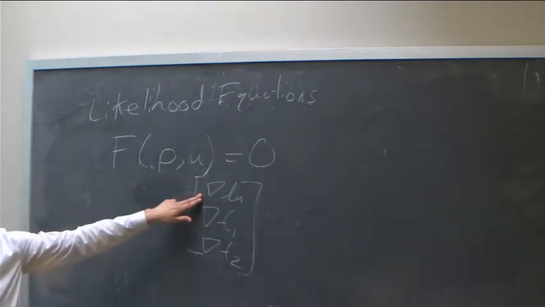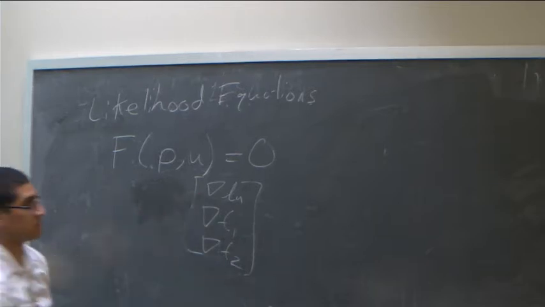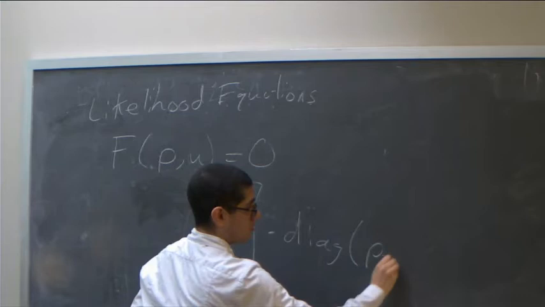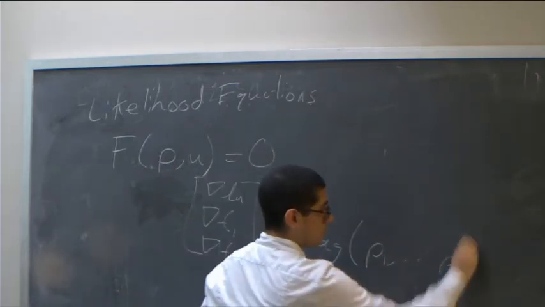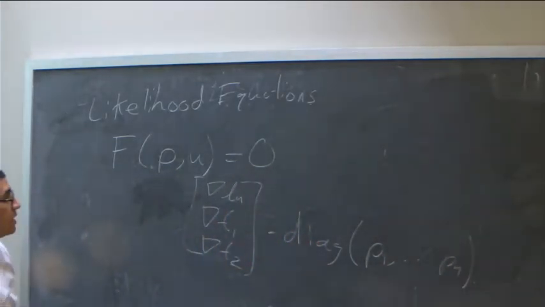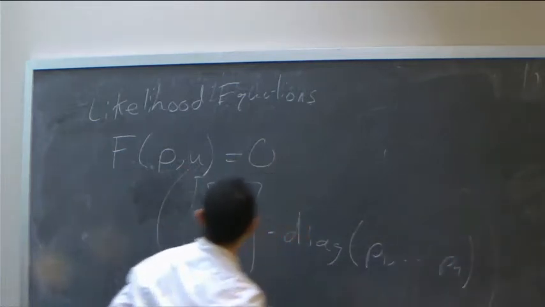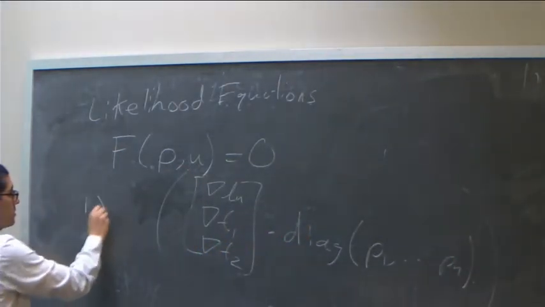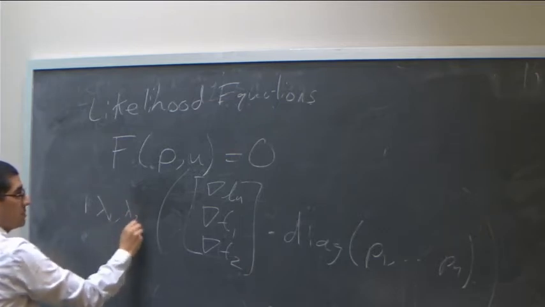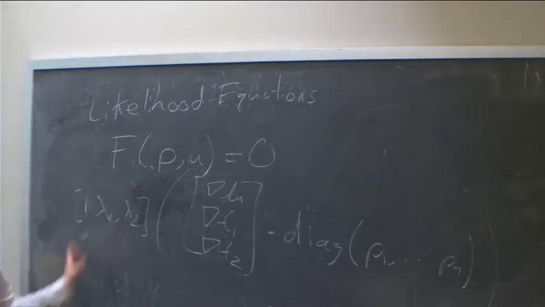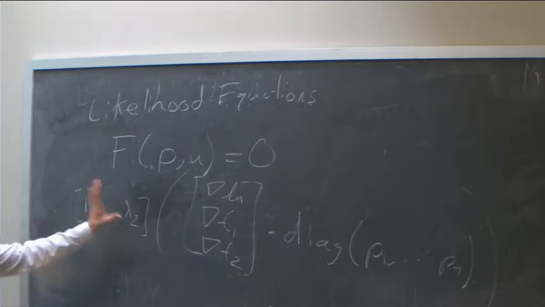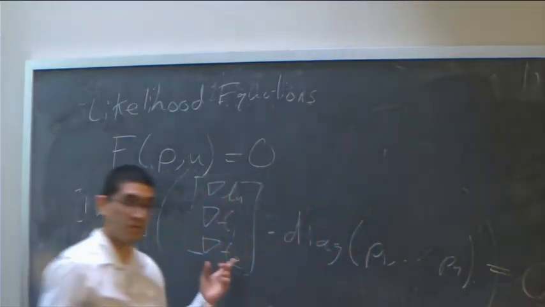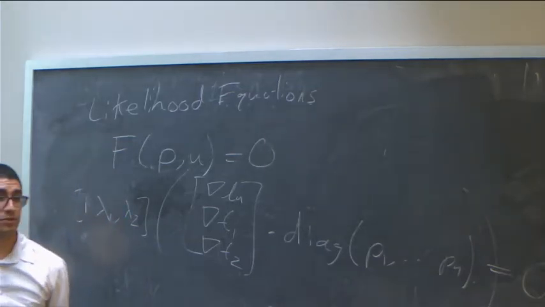But this has p's in the denominator, so now you need to multiply this, like that. And then you hit it with Lagrange multipliers. So now you want this to be equal to 0, as well as have those 2 equations vanish.